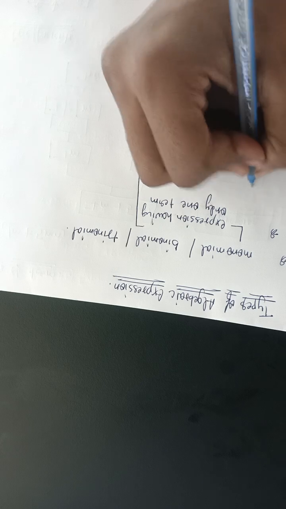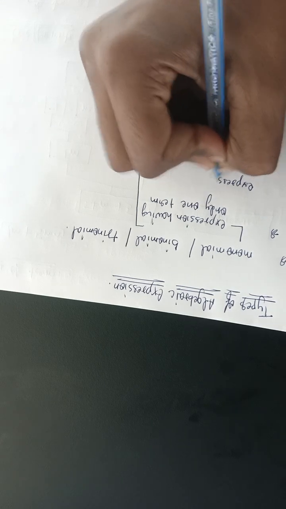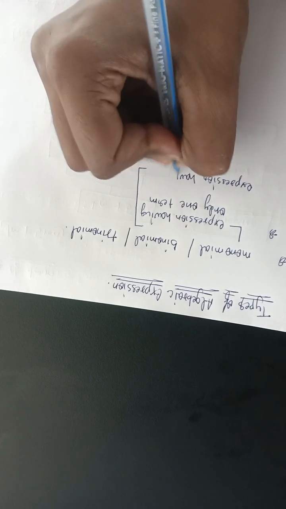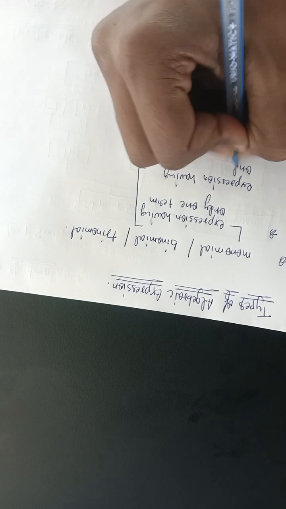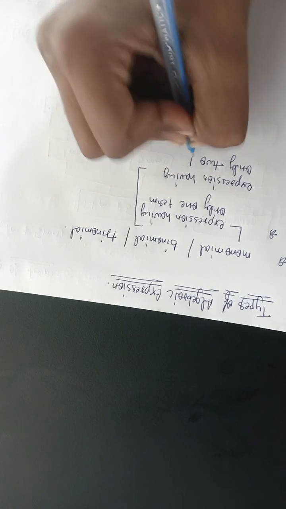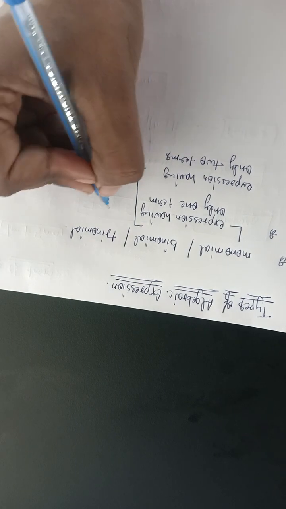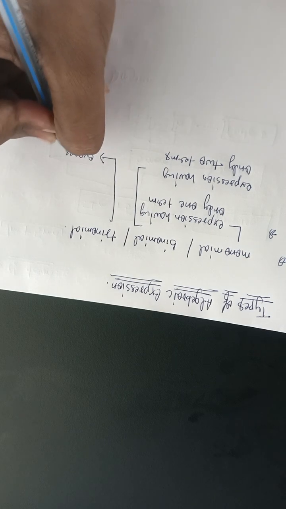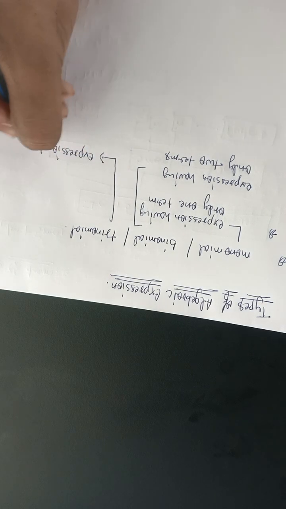And binomial says expression having only two terms. And trinomial says expression having three terms.